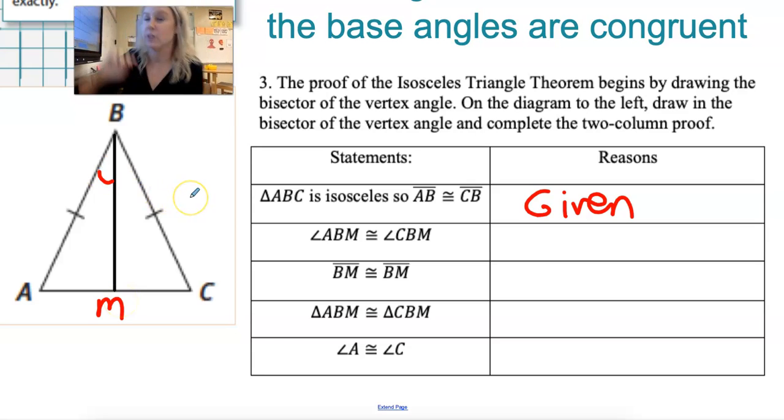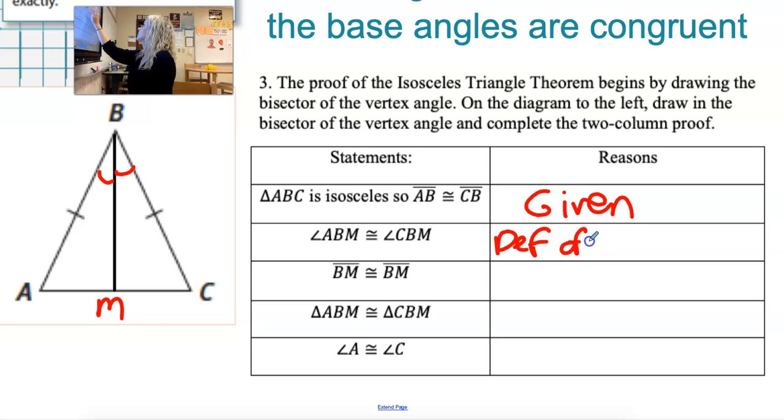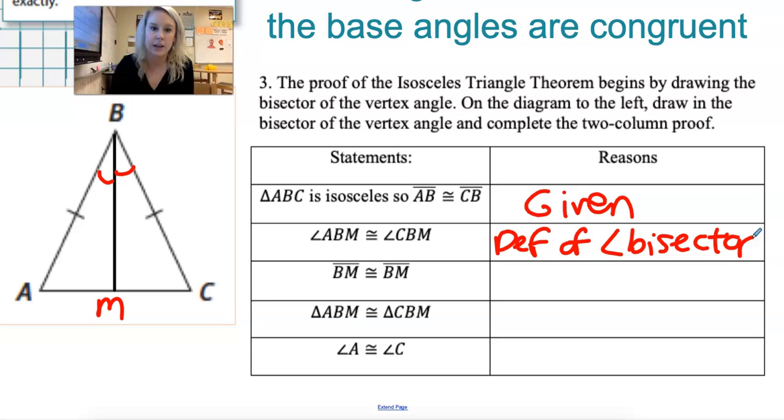The reason I know that this angle is the same as this angle is we drew that bisector line, so that's the definition of an angle bisector. Okay. The reason I know that BM is congruent to BM, that'd be this mark in the middle, is the reflexive property.